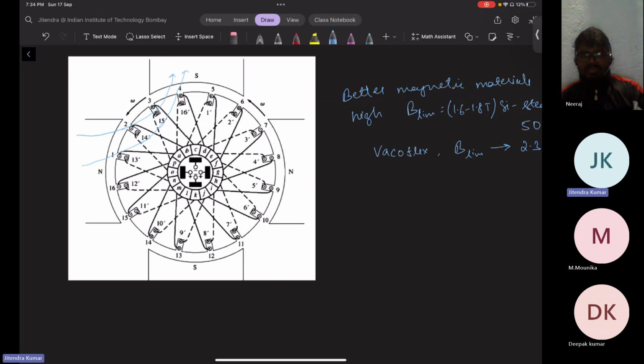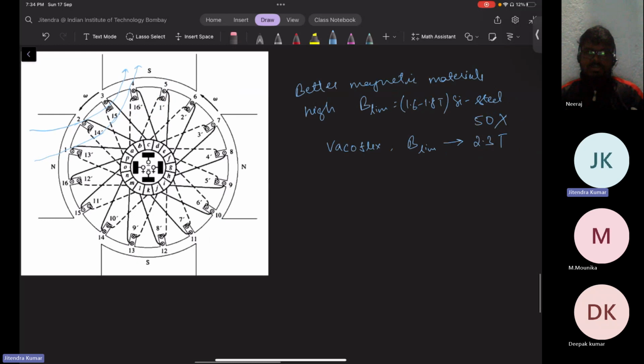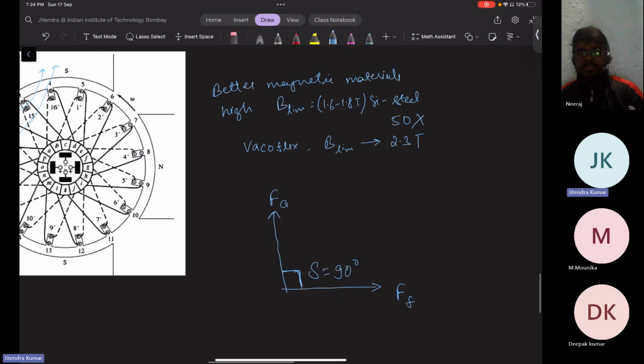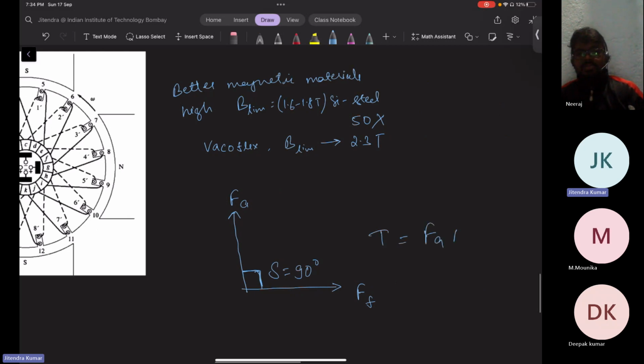See, armature winding is the winding where we give the supply. What is the job of armature current? It provides the loading. You cannot have any torque production until you have two forces interlinked: FA, FF, and sine delta. We try to keep delta equal to 90 degrees to produce maximum torque. It is FA, FF, sine 90, that is armature MMF times field MMF, in proportionality.